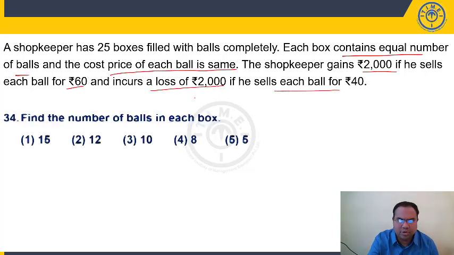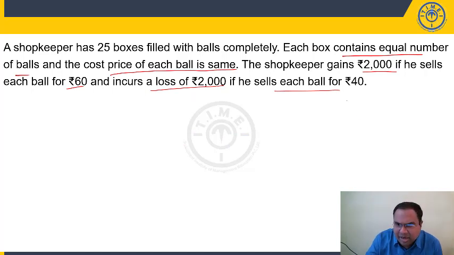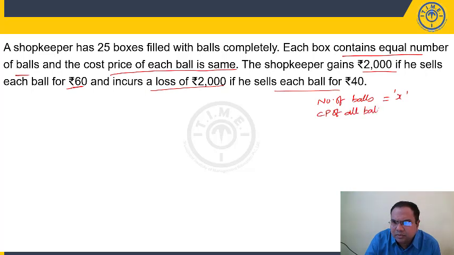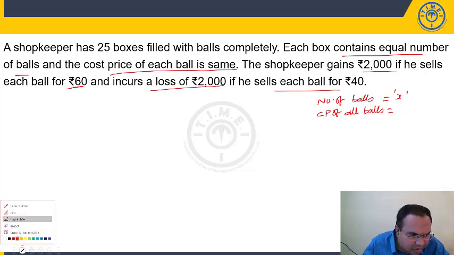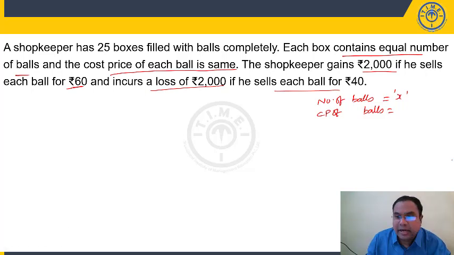Okay, let us solve this question, student. Let us say number of balls we don't know. Let us take number of balls are X. So he's getting a profit of 2000 when he's selling each ball for 60 rupees. Let us say cost price of X balls is equal to CP. 60 rupees is the selling price.